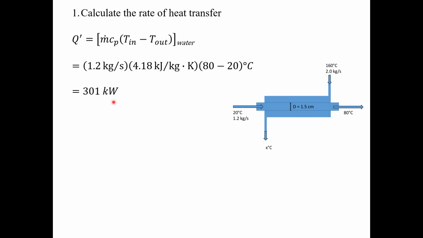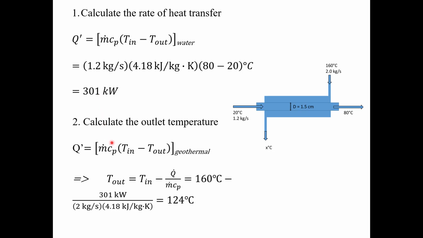And now from energy conservation, and we assume there is no heat loss in the system, all this heat should be coming from the hot fluid. Okay, and that is exactly what it is. So we know the same equation for hot fluid, m Cp (T in minus T out), and we don't know the value of T out, so we rearrange this equation in the form of T out.